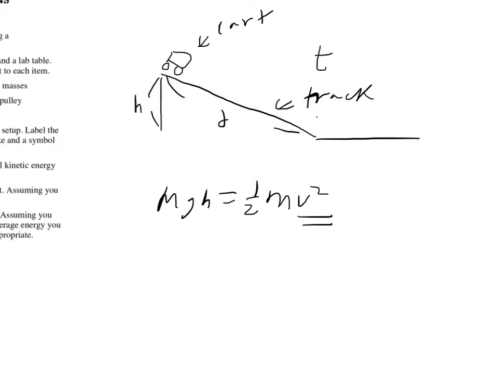Okay, now for part C, give a detailed account of the calculations of gravitational potential energy and translational kinetic energy both before and after the transformation in terms of the quantities measured in part B. So for question C, we're first going to start off with potential energy equals mgh, which is mass of cart times gravitational acceleration times vertical height of the incline.